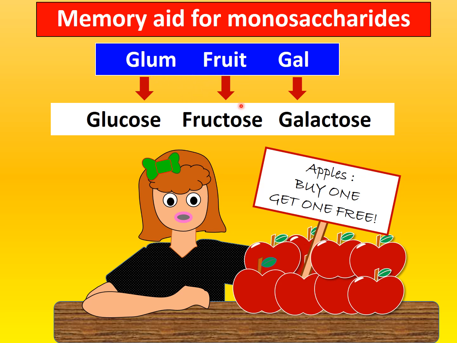FRU is for fructose, and GAL is for galactose. Maybe this girl was selling some fruits like apples, and nobody wanted to buy her fruits, or very few people bought her fruits, so she's glum. Glum means to be very sad. Glum, fruit, gal. This is a good memory aid, and I'll be giving you more memory aids for the disaccharides and the polysaccharides in the next video.